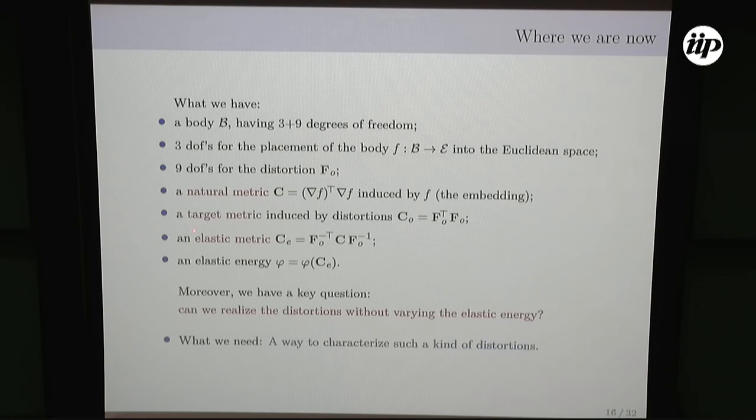And so we summarize the natural metric, the metric of the embedding, the target metric, the elastic metric, the elastic energy. So it is very important to have a tool to characterize the target metric. I want to know if this target metric is realizable or not without adding further strain.